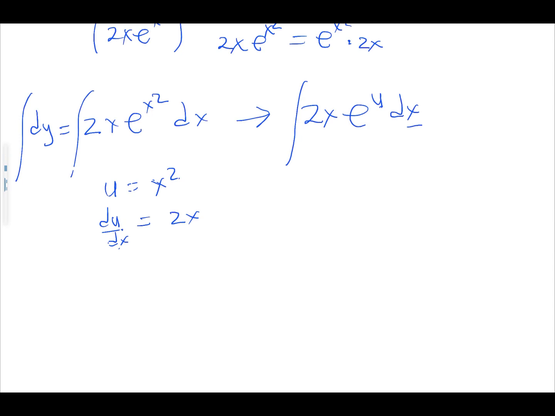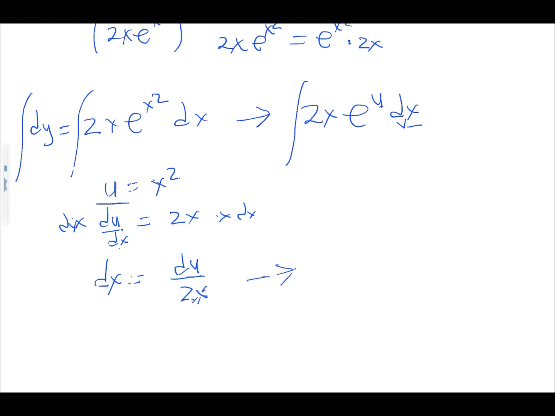When we differentiate, we get du/dx equal to 2x. Here we want to represent everything by u, so we need to make dx the subject. Multiplying both sides by dx and dividing by 2x, we get dx equal to du over 2x. So we can replace this inside the integral, and then the integral of 2x e to the u, with dx replaced by du over 2x.